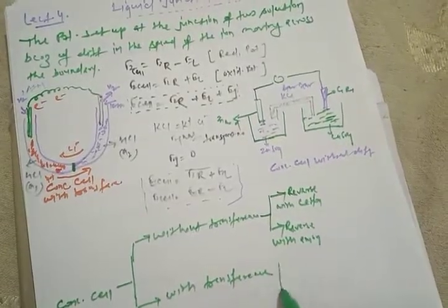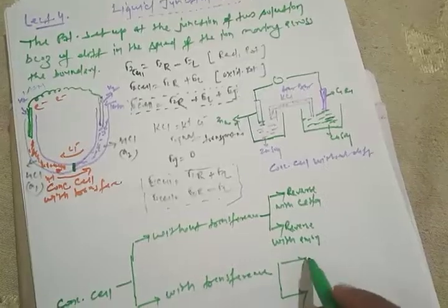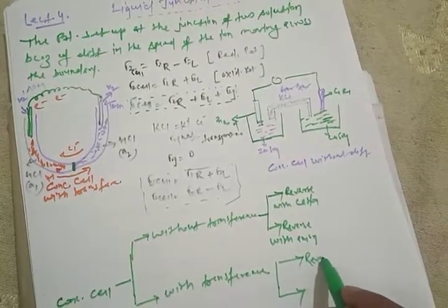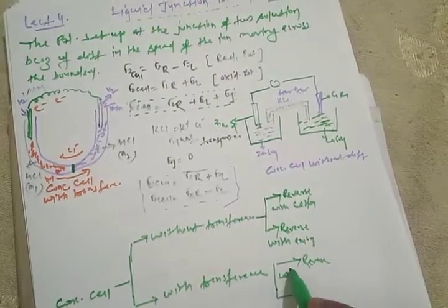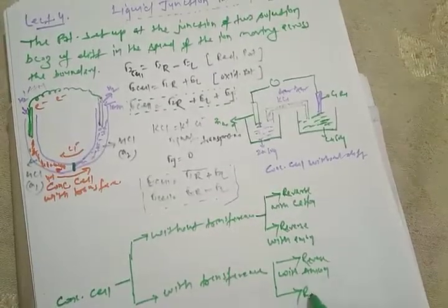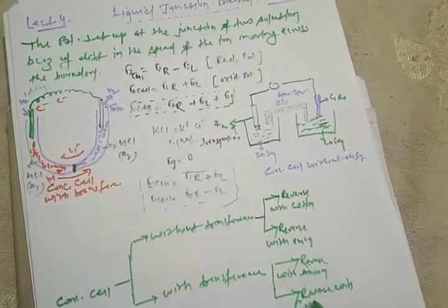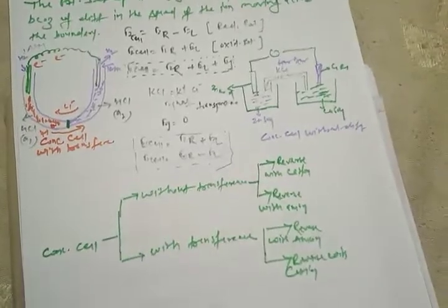Similarly in with transference we also have two choices, reversible with anion and reversible with cation. So these four things, got it?